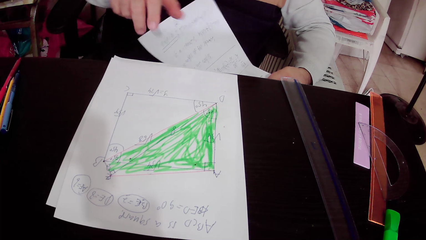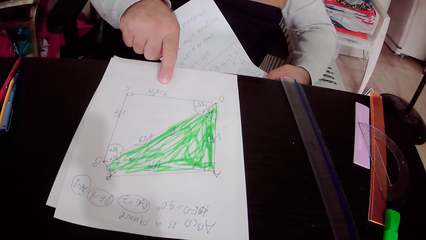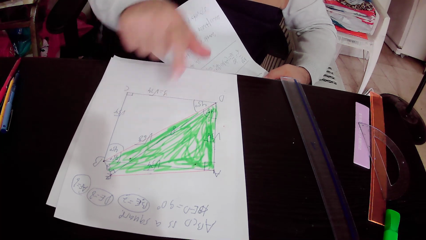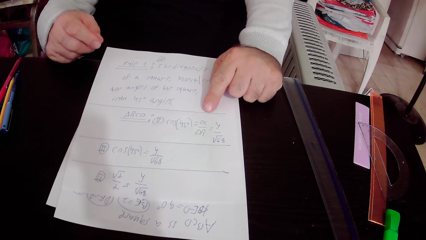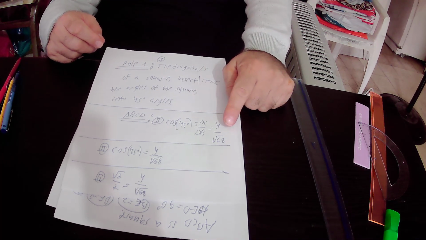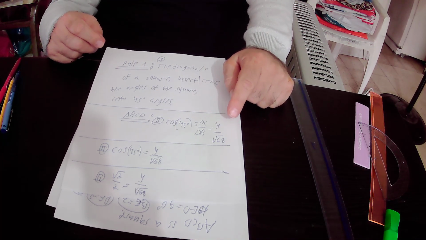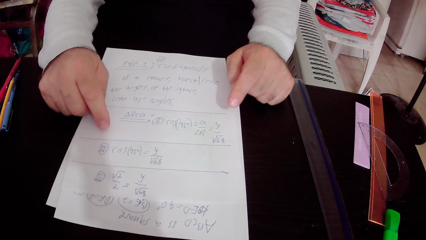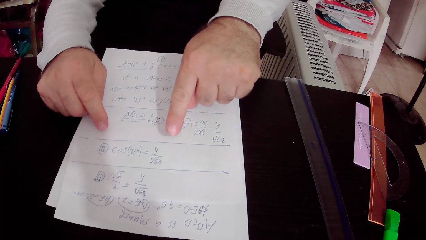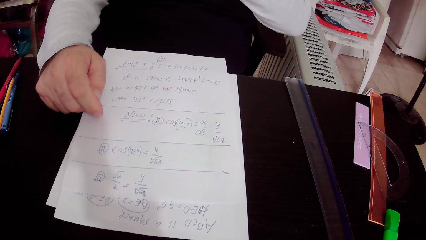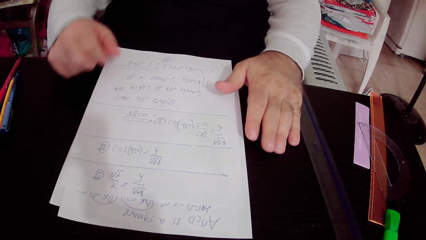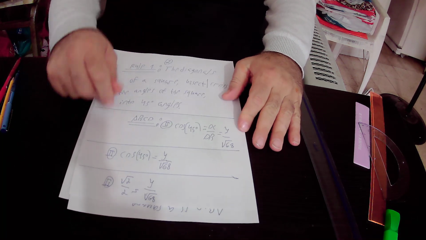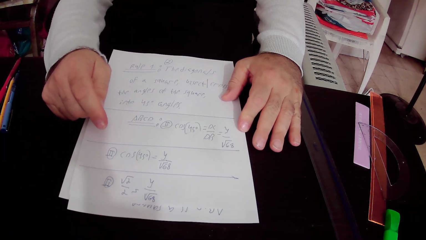Actually, we defined DC as Y. And we know that DB equals to the square root of 68. Therefore, we can substitute DC by Y and DB by square root of 68. So we got in total that cosine 45 degrees equals to Y over square root of 68. But we also know that cosine 45 degrees equals to the square root of 2 over 2.